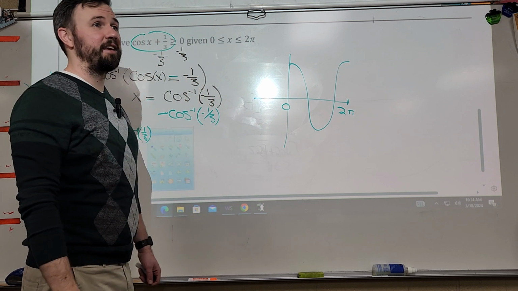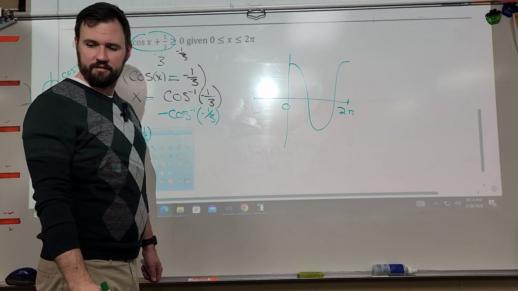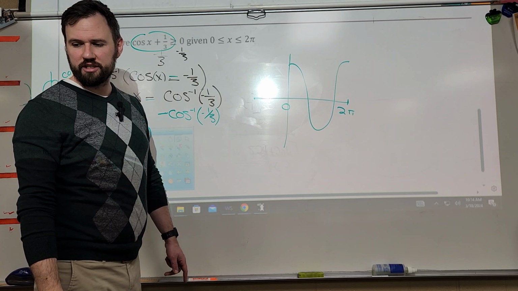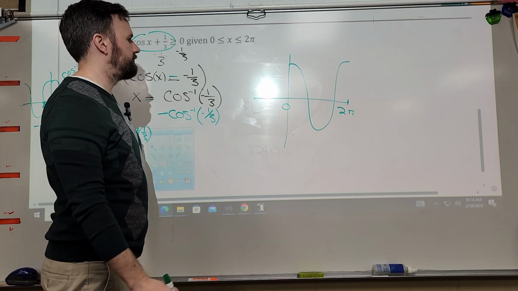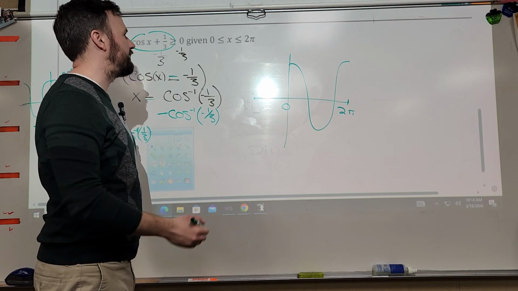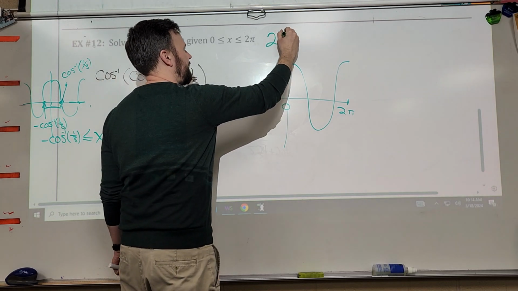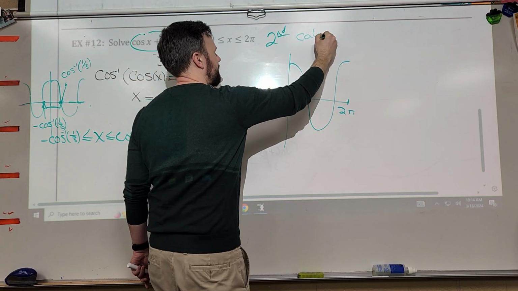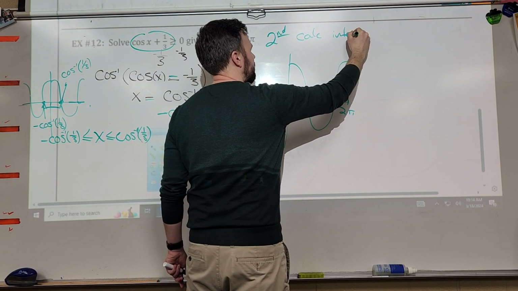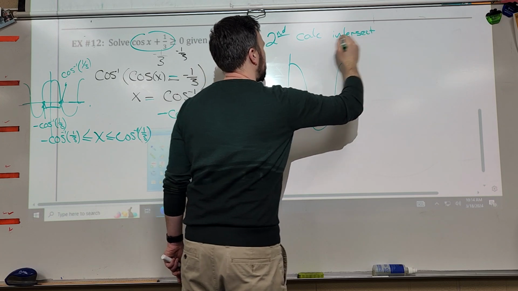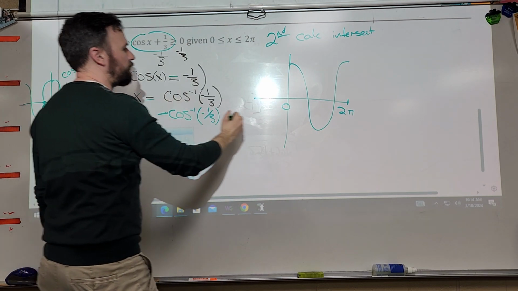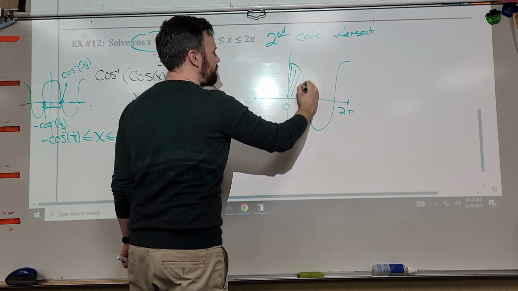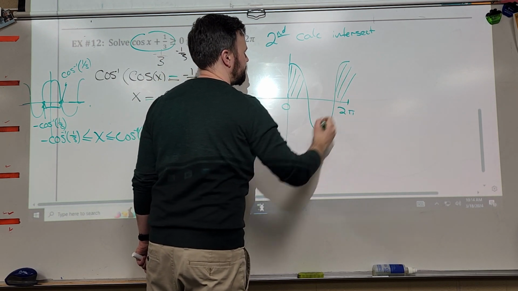And I would do second calc intersect, right? Y'all agree on that? Just like we just did. Because I graphed that, and I'm looking for where I am above the x-axis, right?